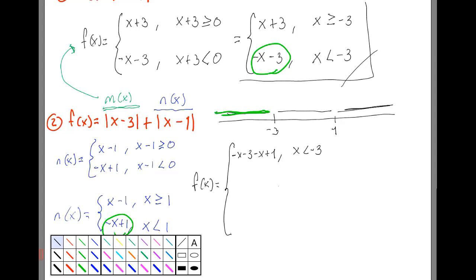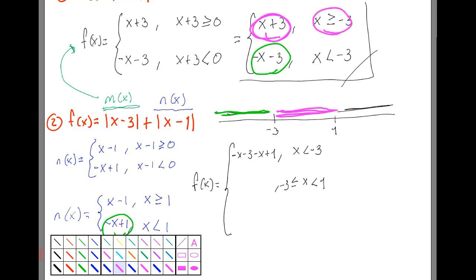Then we know we have another interval. The other interval is between -3 and 1. This will be this interval over here. So which functions are we going to use? For the first one, m of x, we're going to use this function because we are now using numbers that are more than -3.